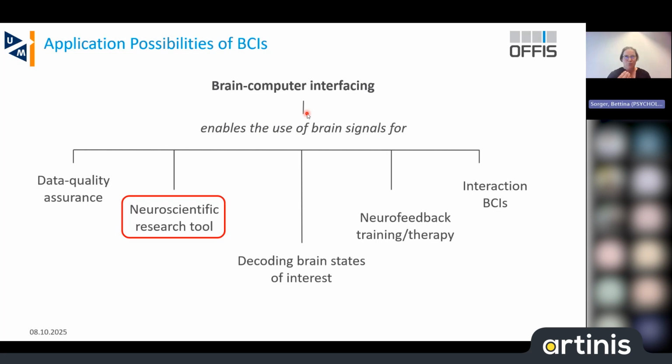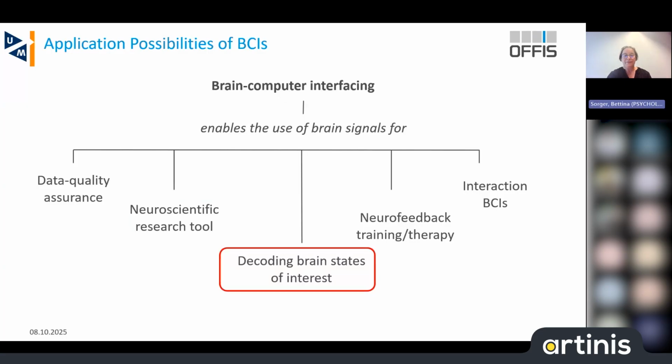So this is also one application form for using a BCI as a neuroscientific tool. So it's not only dedicated for clinical applications or application in healthy subjects. It can be a powerful tool for neuroscience.